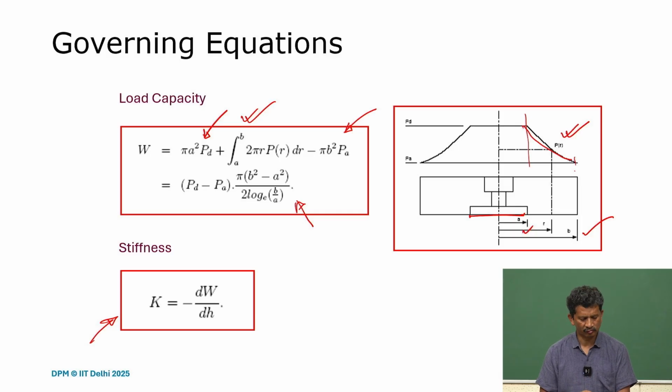We can always use, for instance, MATLAB to solve it and find the load capacity for a given geometry of the air bearing pad, and what the stiffness would be given the supply pressure of the air.